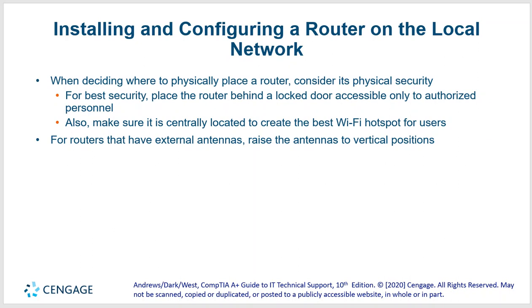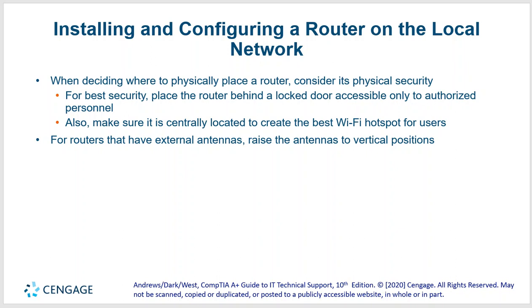All right, so when deciding where to place your router, think about physical security. Maybe you want a locked cabinet or something like that. Your default password that's given to you with the router is on the bottom of it.